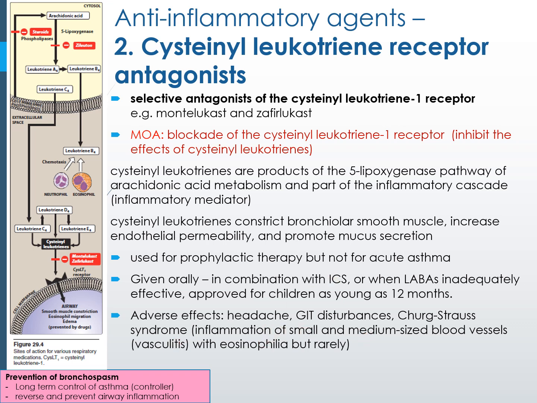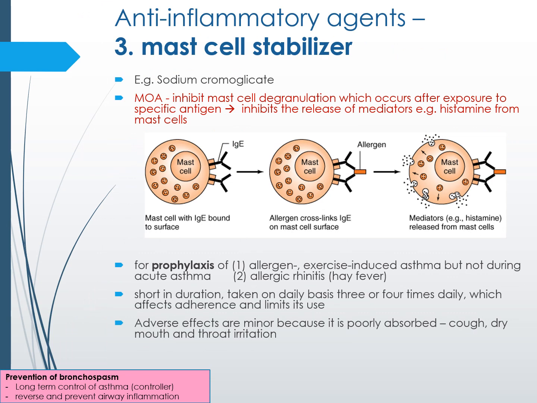Okay. Alright. So the next one, which I think would be the last drug for anti-inflammatory agents, is called mast cell stabilizer. The example is sodium cromoglycate. The mechanism of action is to inhibit mast cell degranulation, which occurs after exposure to specific antigen. When it inhibits the mast cell degranulation, it inhibits the release of the mediator called histamine from the mast cell.